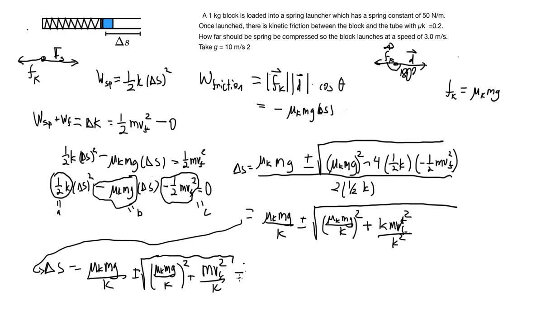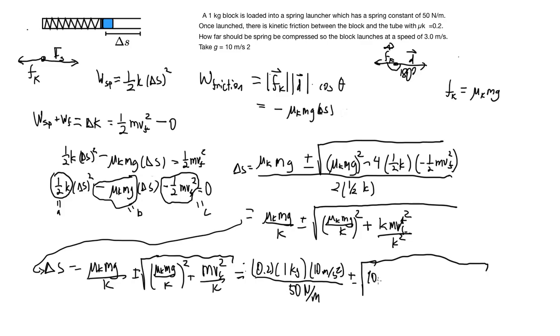Then I can do my variable substitutions. So I get mu k is 0.2 times m, which is 1 kilogram, times g, which in this problem is 10 meters per second squared, all over k, which is given as 50 newtons per meter, plus or minus the square root of the same term squared here.